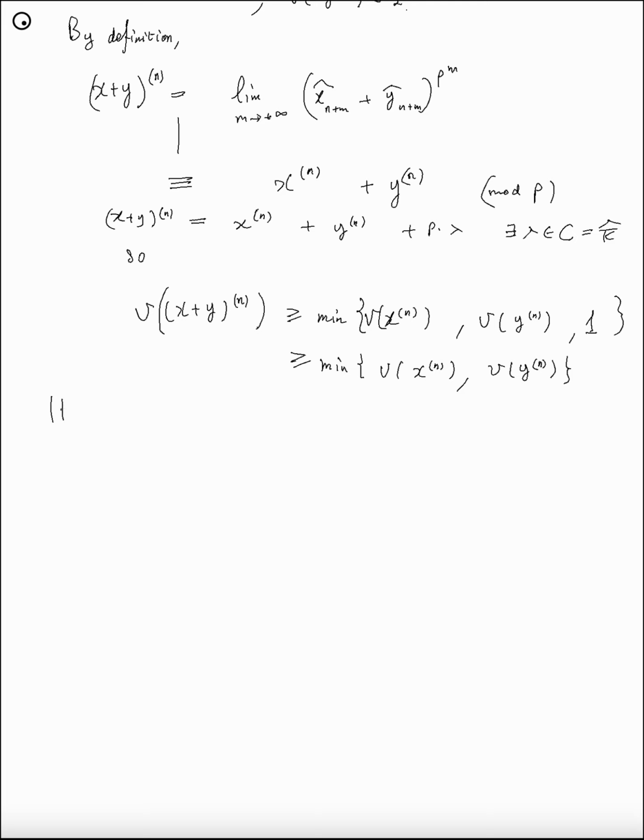It follows that v of x plus y is bigger or equal than the minimum of v of x and v of y. This seems like a small trick to remove the possible modulo p thing, right?